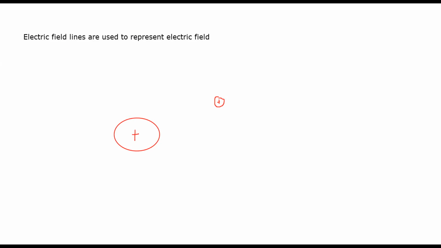Towards the positive or away from positive? This small positive charge will move away. So what is the direction of electric field? The direction of electric field is out from positive.